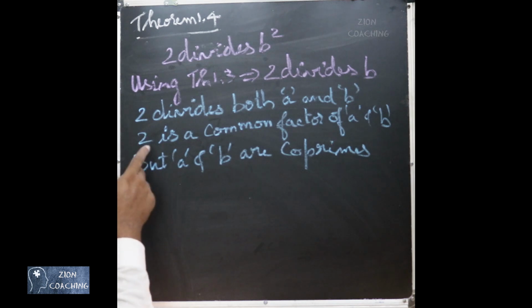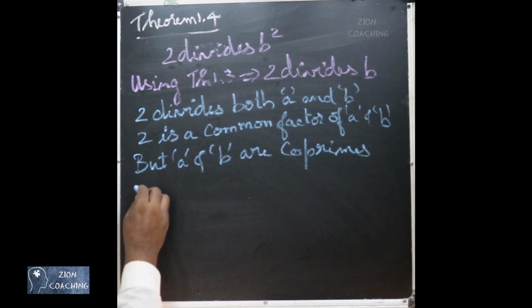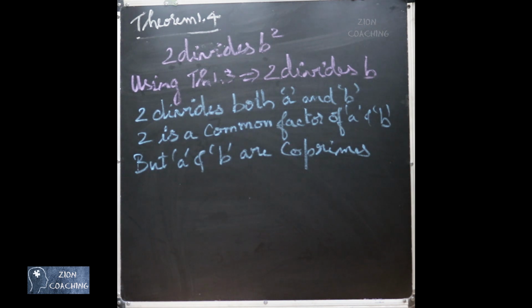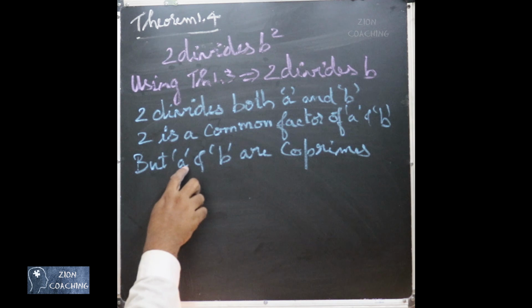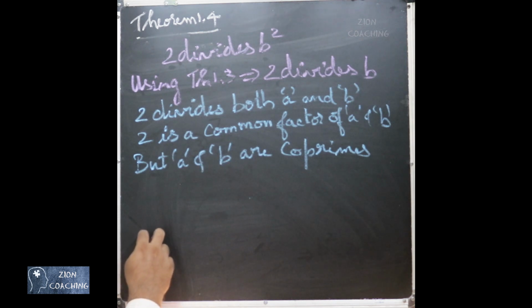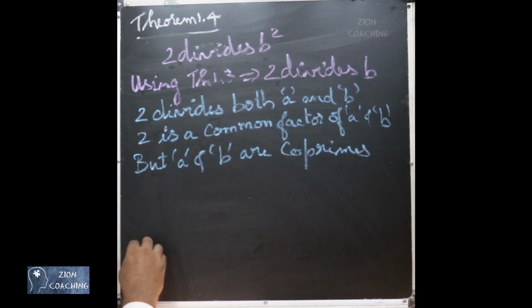But we are able to show that now it has another common factor too. So this contradiction has happened. What is the contradiction? We have told that a and b are co-primes, but now you can see that they are not co-primes. They have one number, 2, as a common factor.